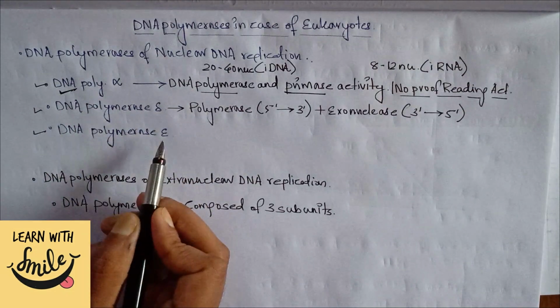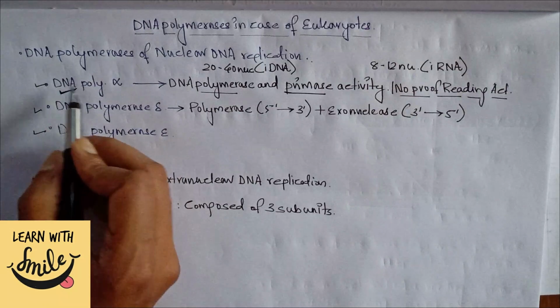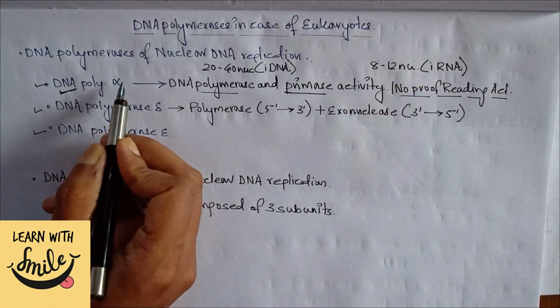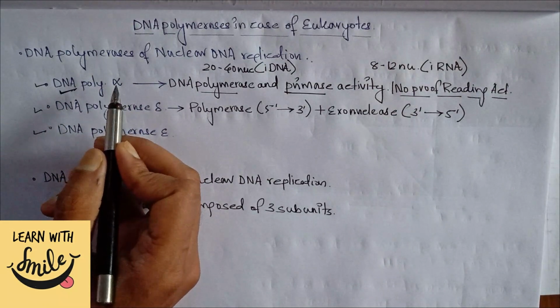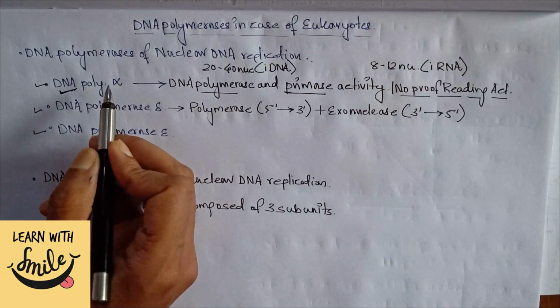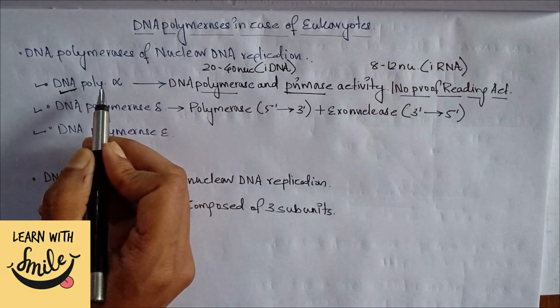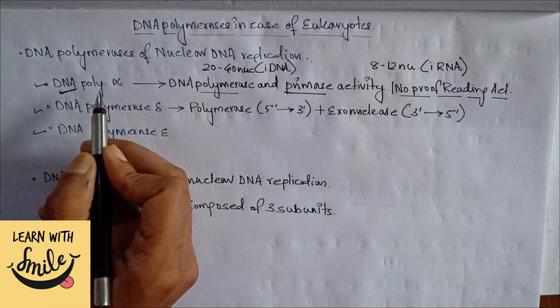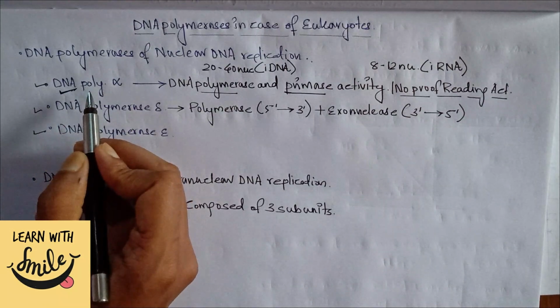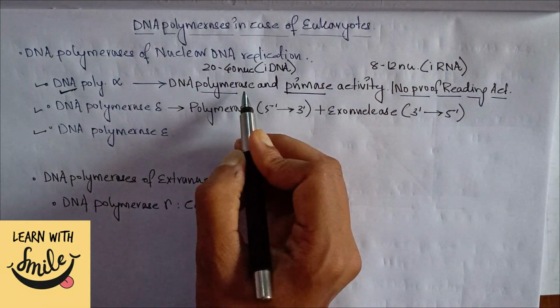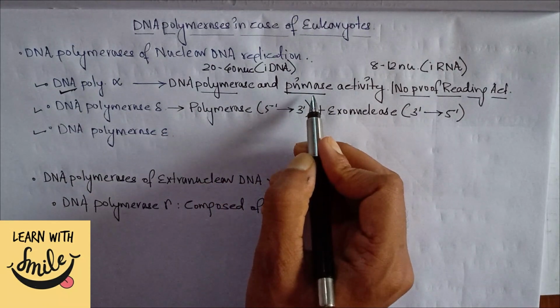DNA polymerase epsilon. Talking about DNA polymerase alpha, structurally it is a heterotetramer. Now this DNA polymerase alpha is a very unusual kind of DNA polymerase, as it possesses polymerase as well as primase activity.